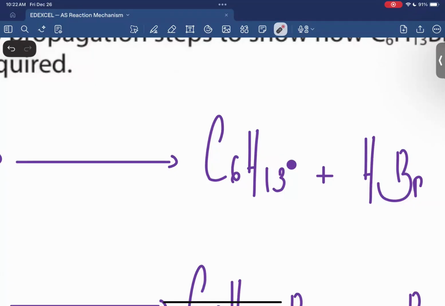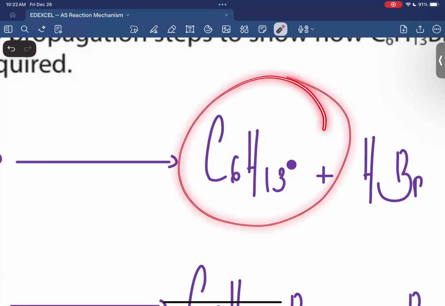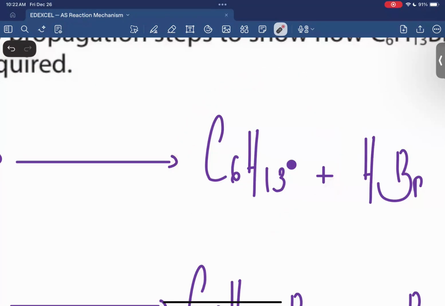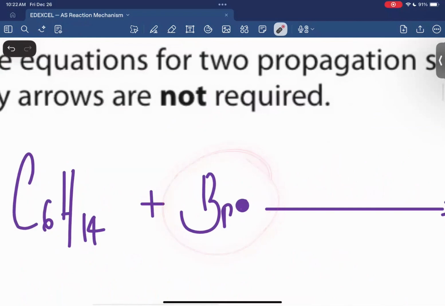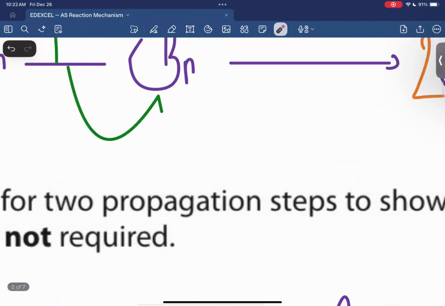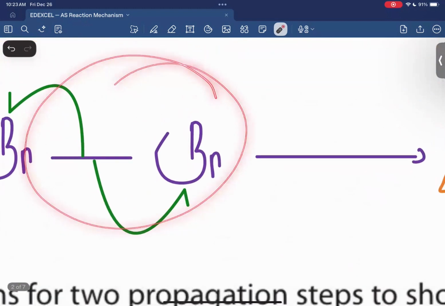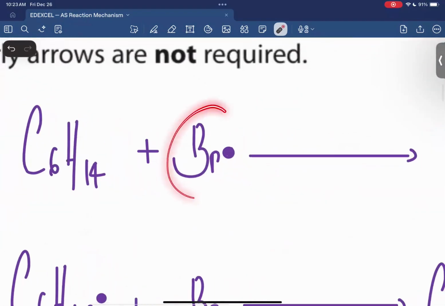Now comes the revenge kind of analogy. A radical of this is formed. However, it would want another electron, since the electron of this was stolen by this bromine radical. So in the next step, it again will take revenge from Br2. Since the bromine radical has stolen the hydrogen from this hexane, now the hexane is going to take revenge on this bromine.